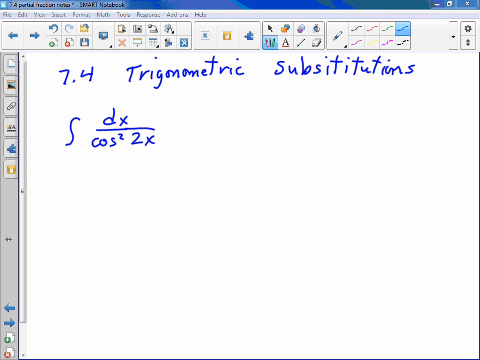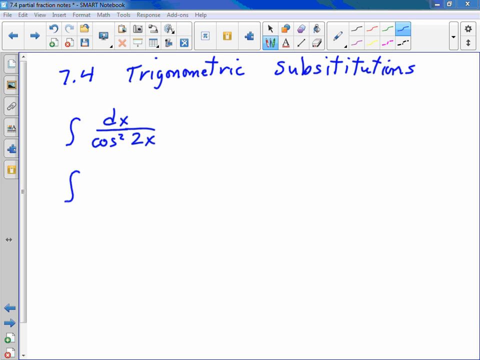Okay, so let's say we have something like the antiderivative or indefinite integral of dx over cosine squared 2x. Once again, we want to manipulate this a little bit before we start in on doing the antiderivative.